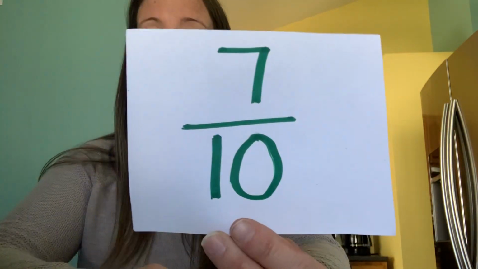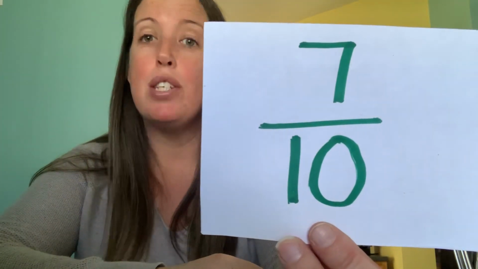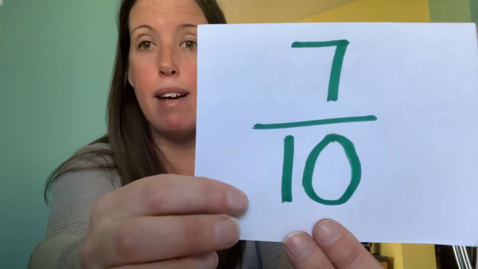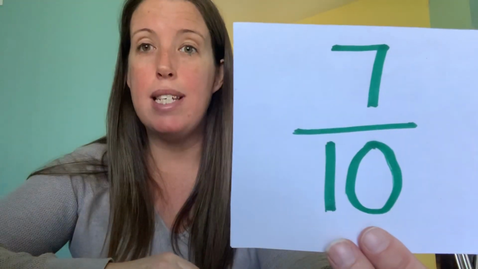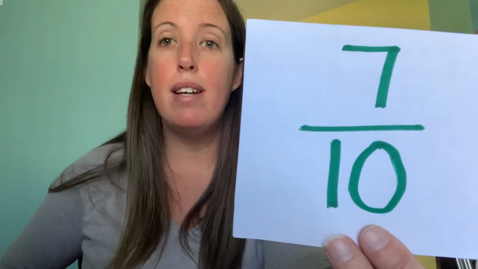Now this next fraction is going to look a little different. And you should notice that this fraction has a denominator of 10. So I do not read this as hundredths because it's in parts of 10. So this instead is read as tenths. So my fraction here represents 7 tenths.